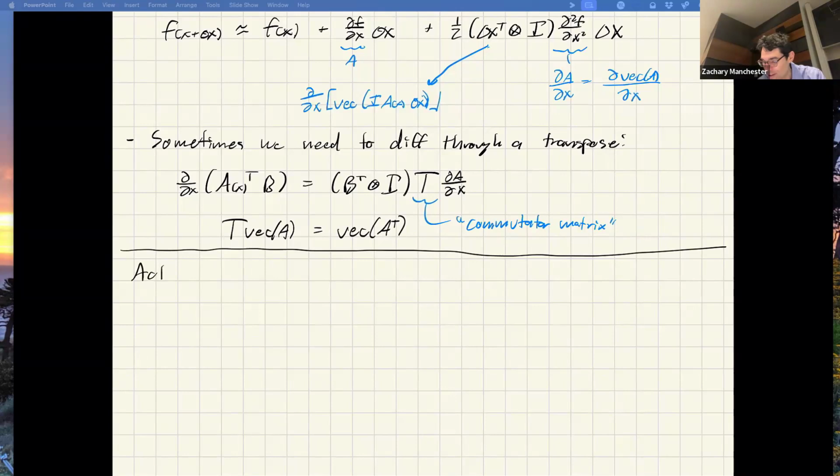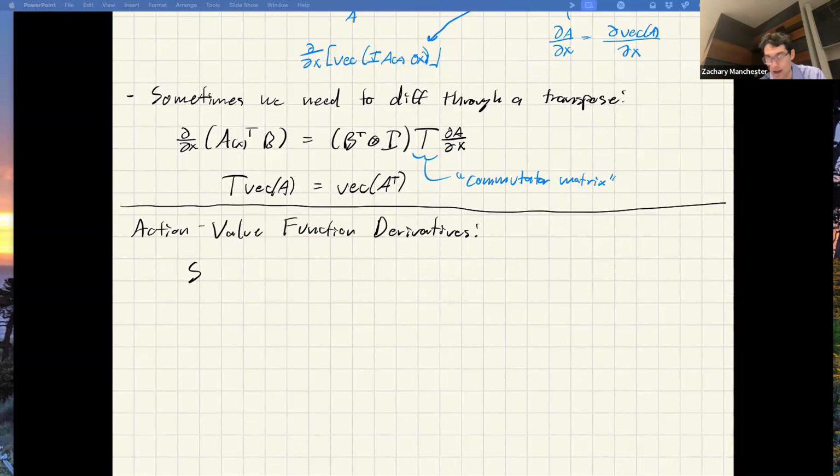Okay, here we go. So now to finish off our whole discussion, we can Taylor expand the action value function. Specifically, we've got S at time k as a function of x and u. This is the one-step cost at time k plus the value function at the next time step with the dynamics plugged in.